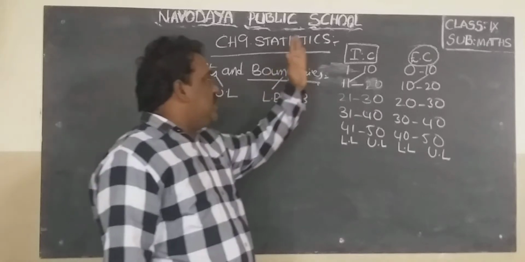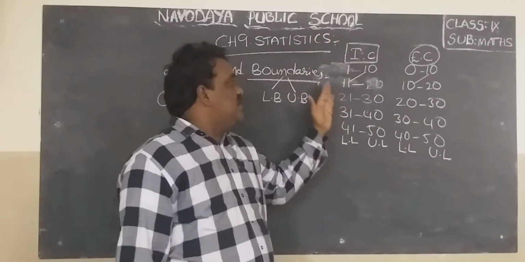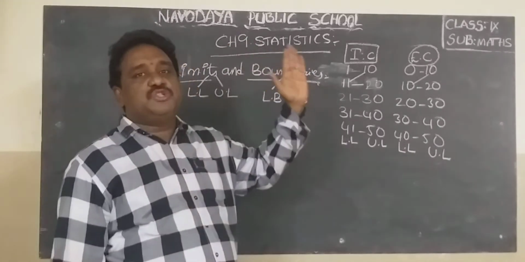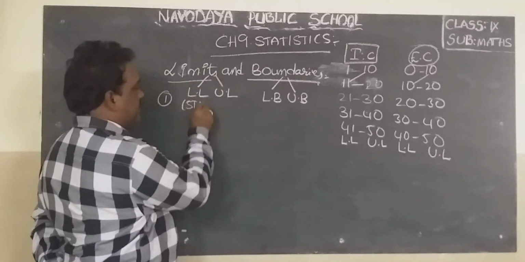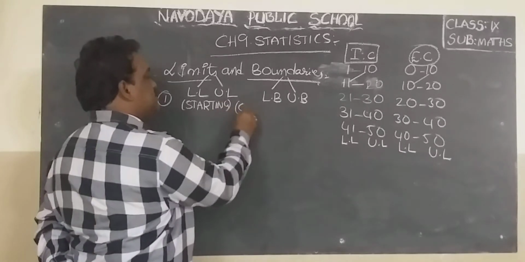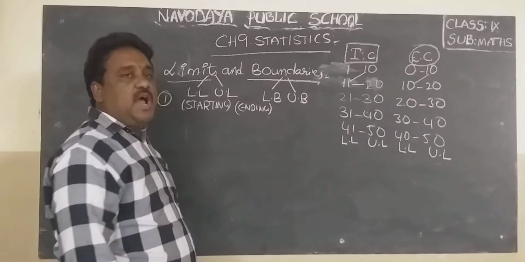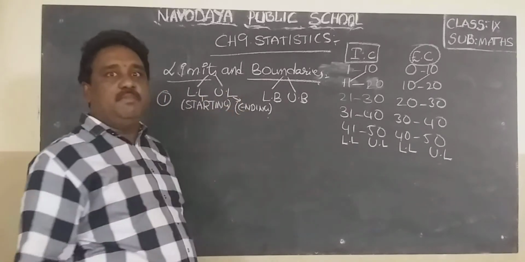For any class, the starting value is known as the lower limit and the ending value is known as the upper limit.